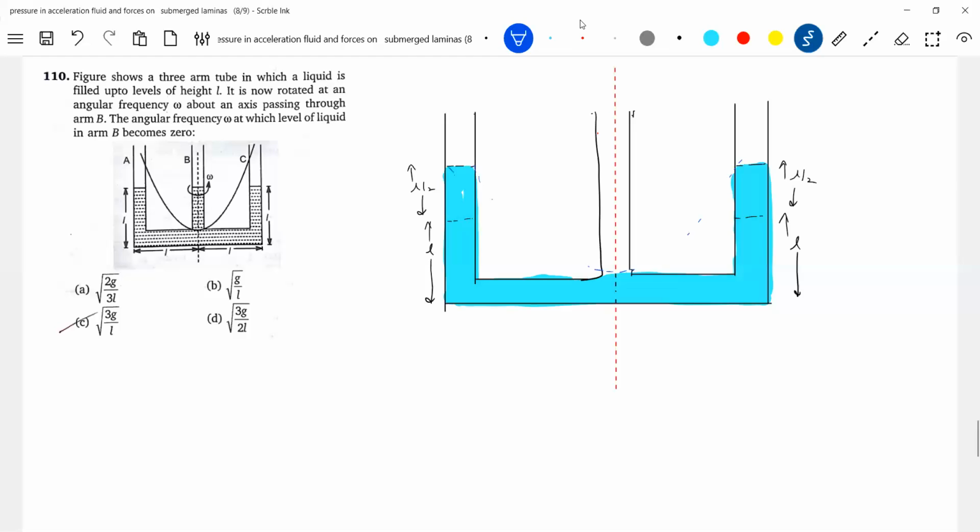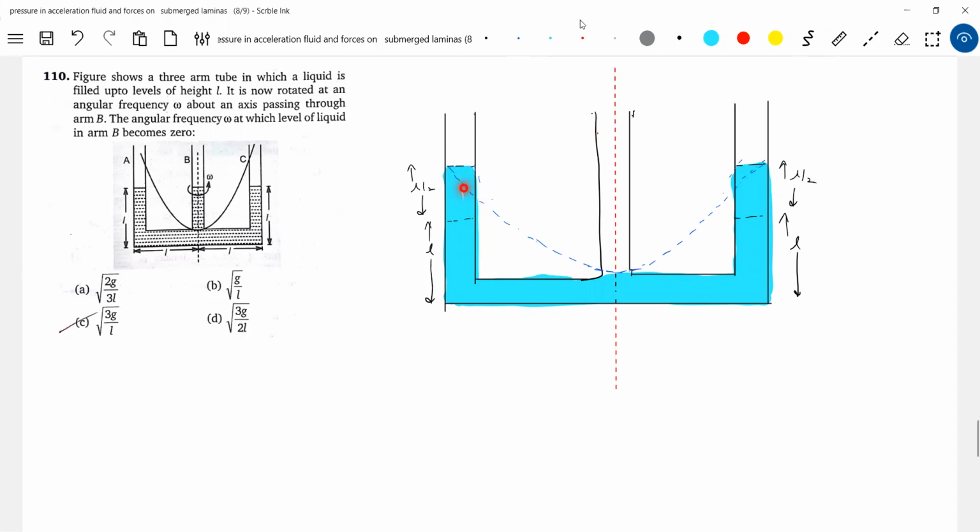Actually, the free surface will take shape like this. Some rough diagram. The area of cross section of that liquid will be very small, no? So we can take this one. For the sake of diagram convenience, I have shown it to be horizontal, but it should be roughly curved.